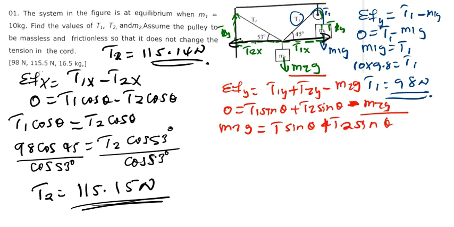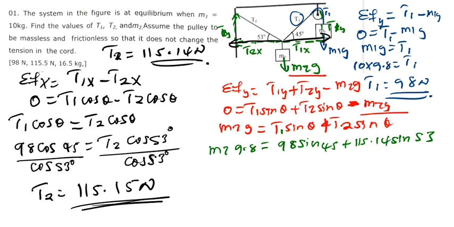So the m we don't know, but we know the g is 9.8. What is t1? Okay, t1 is 98 sine the angle, which is 45, plus t2 is 115.14 sine 53. So let us see.